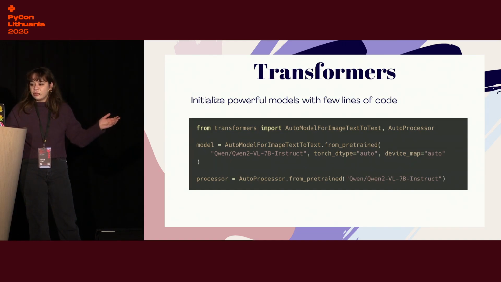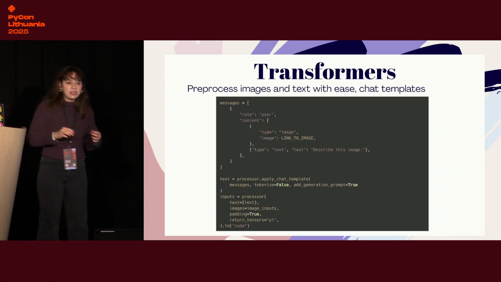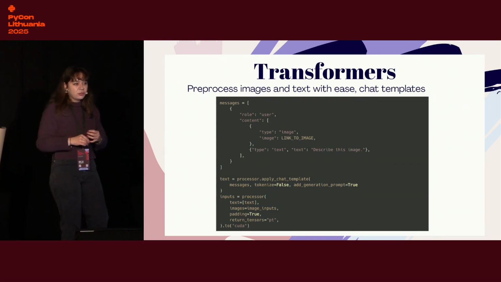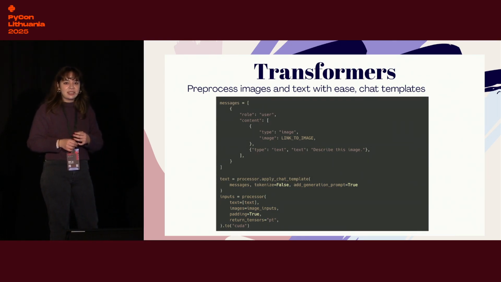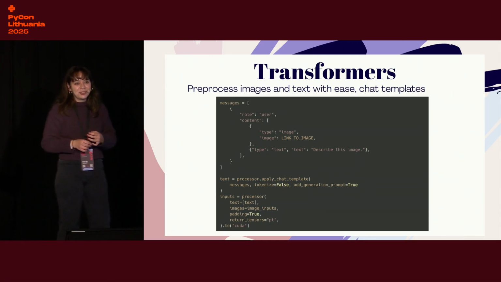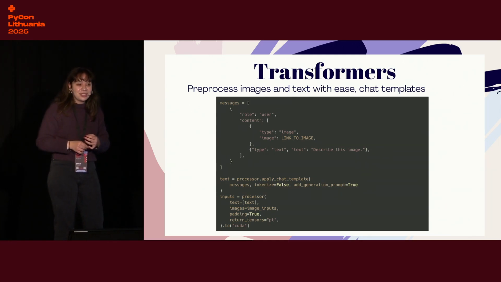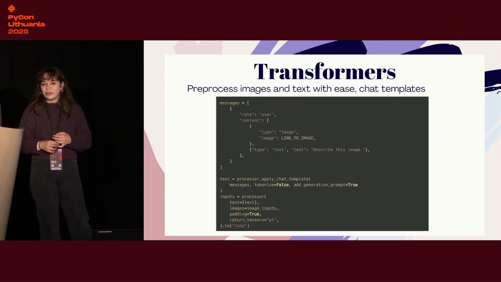So this is how you initialize Qwen2VL. And then, if you have played with the open source large language models and vision language models, you might have seen stuff like special tokens, like end of sentence token, beginning of sentence token, image tokens. You do not have to deal with them yourself when you use Transformers. We have something called chat template.